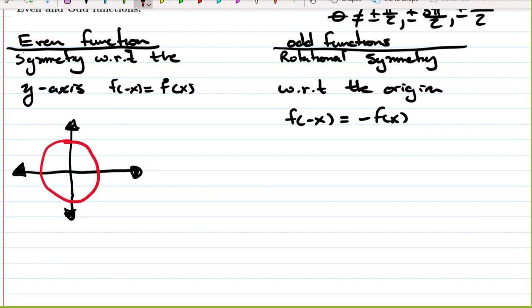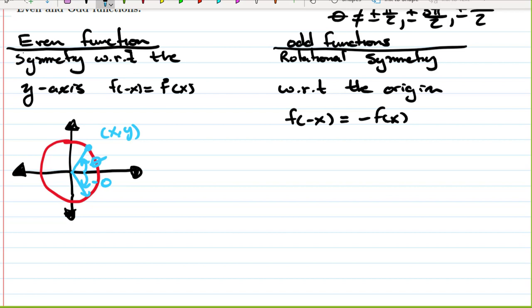When we have our unit circle, if I take any point out here, x comma y, and then I'm going to have some angle theta, if I replace theta with negative theta, I would have something down here.